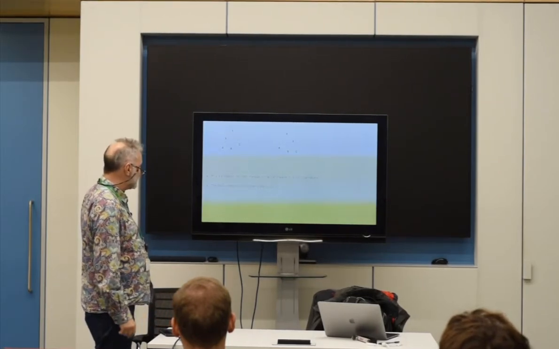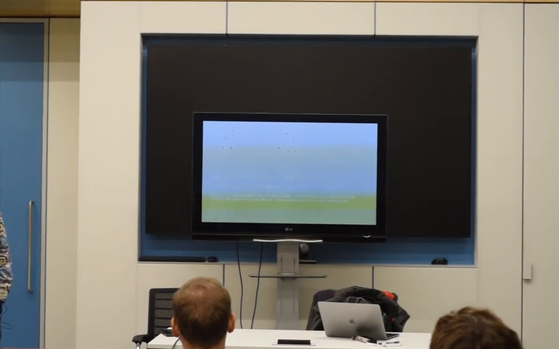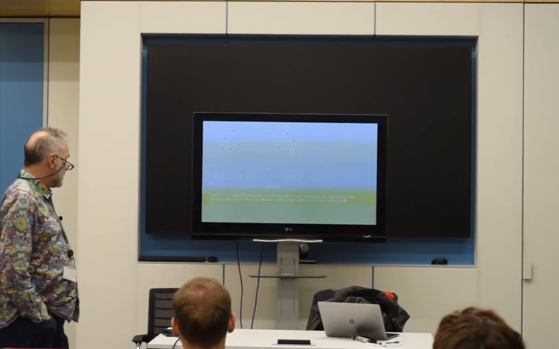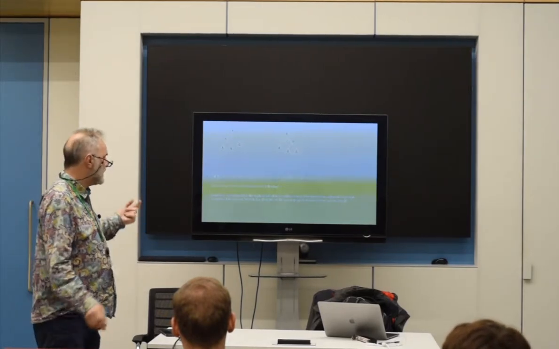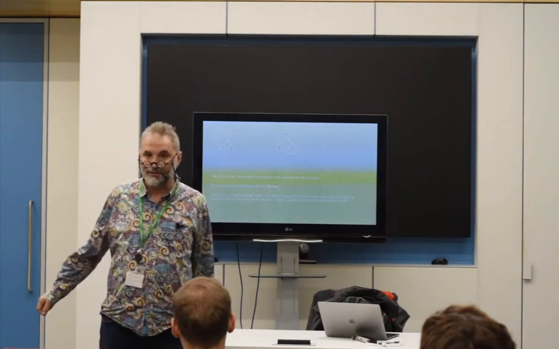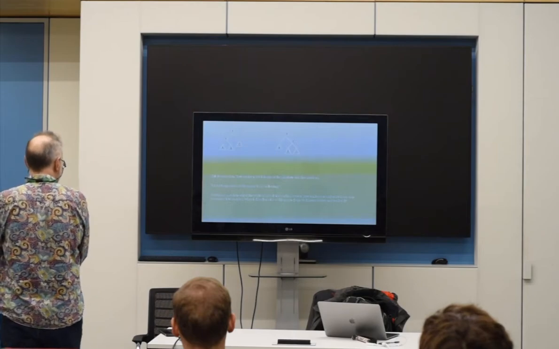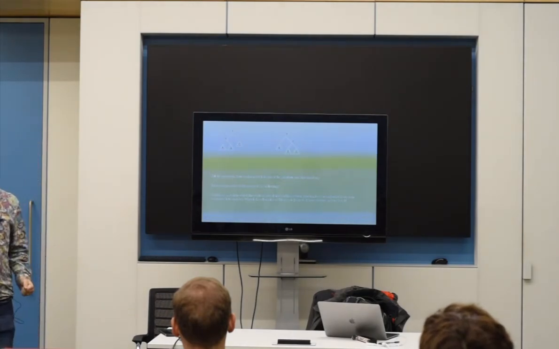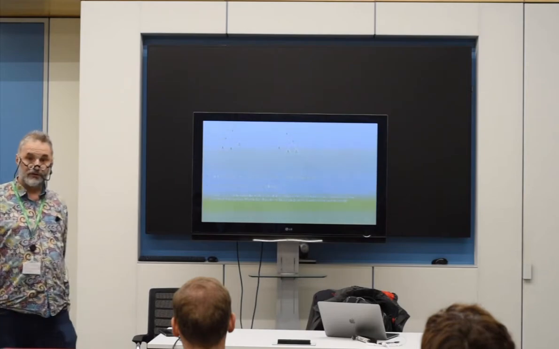So the main question of the paper is the following: consider a graph in which the vertices are trees with n leaves, or n-1 internal nodes, whatever measure you have for the tree. And the question is, you're going to say that two vertices are adjacent if they can be obtained from one another by a rotation.